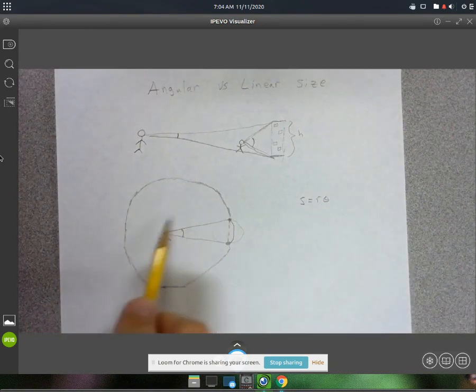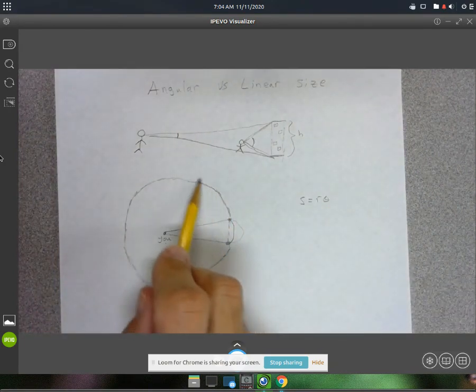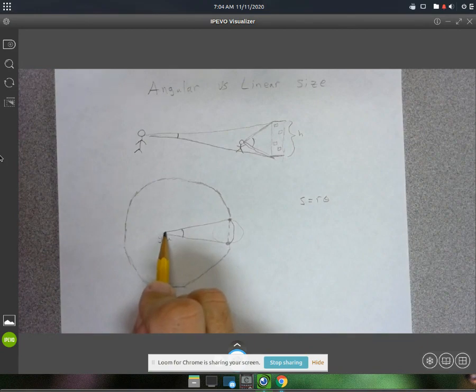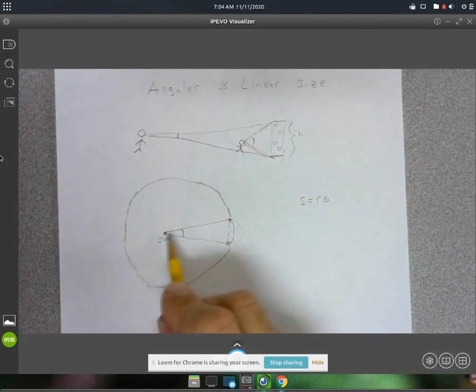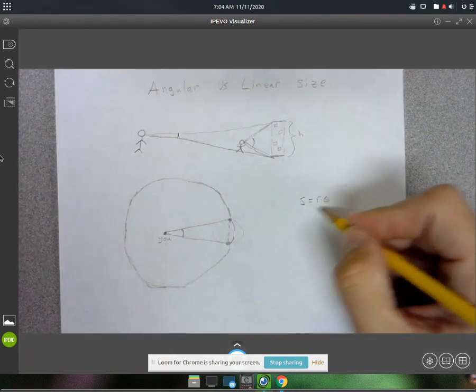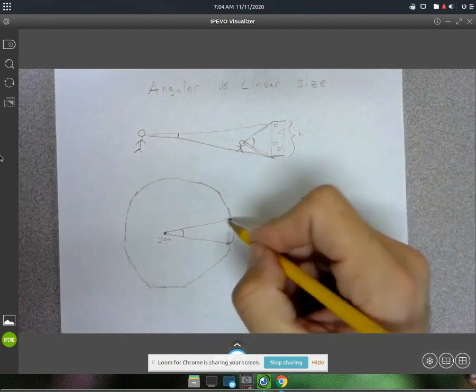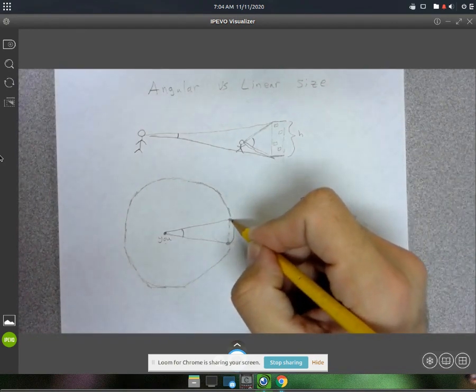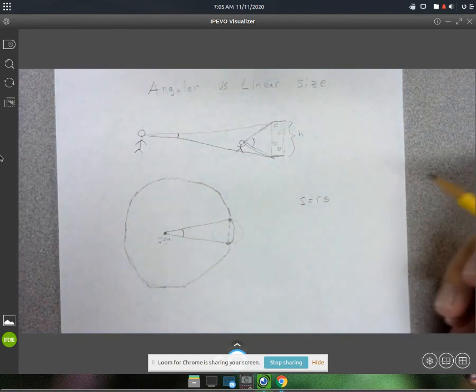So, if we have this full circle, all right, and you're supposedly in the middle of it here, this would be one radius of the circle. This would be the other. And so we can use this S equals R theta formula to find the sector length or the arc length of this little swath right here.